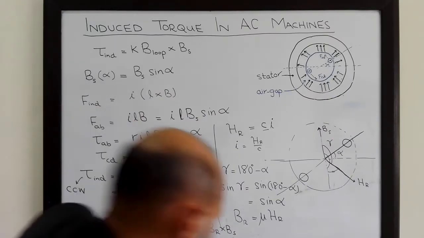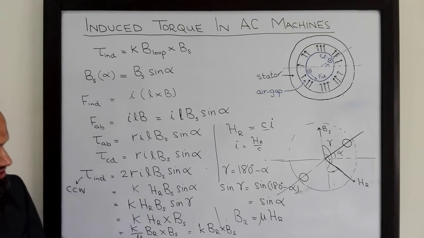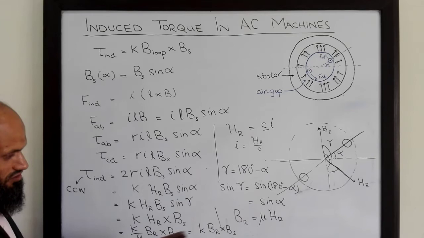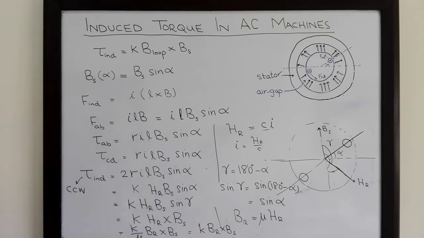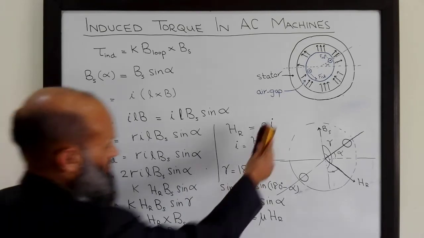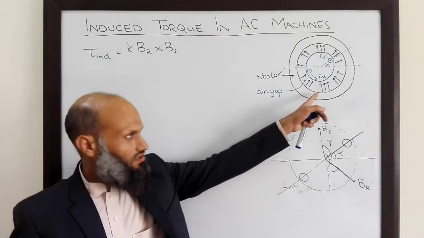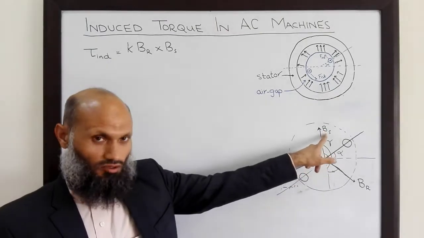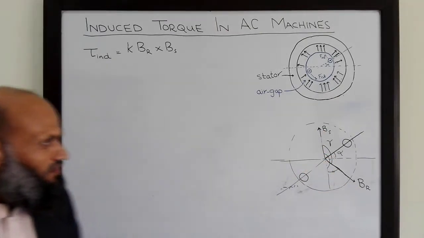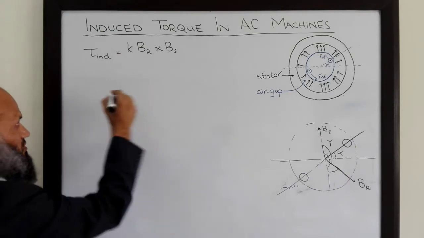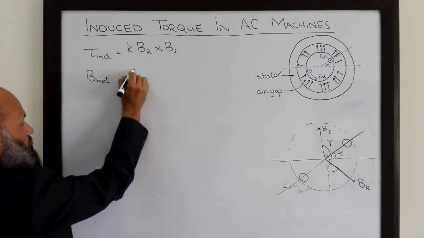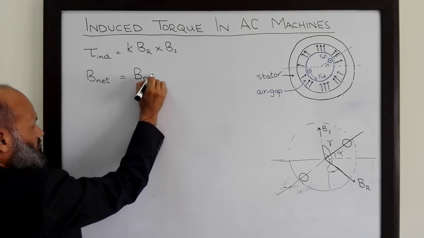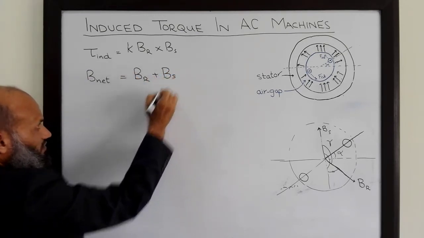We can also write this expression in other forms, which can sometimes be alternately used. So let's write those expressions. In this machine there are two flux density vectors, Bs and Br. The net flux density in the machine, B net, is equal to Br plus Bs.